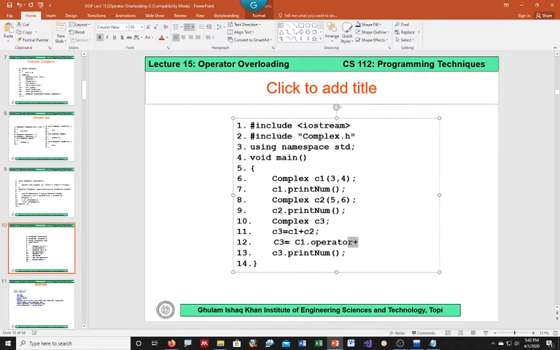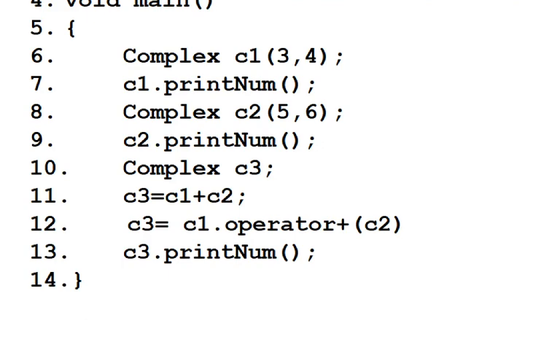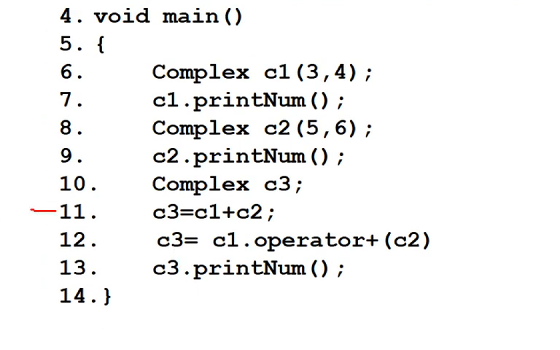We are calling the operator plus function of the C1 instance and passing to it C2, and I just noticed that the C's are actually small, they are not capital. Now whatever line number 11 does, line number 12 does the same. So these two, except for the semicolon, are equivalent.